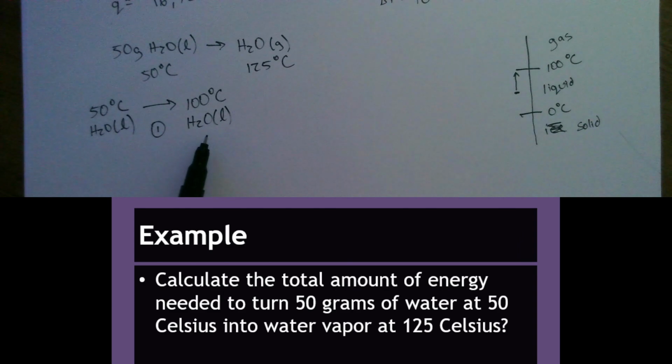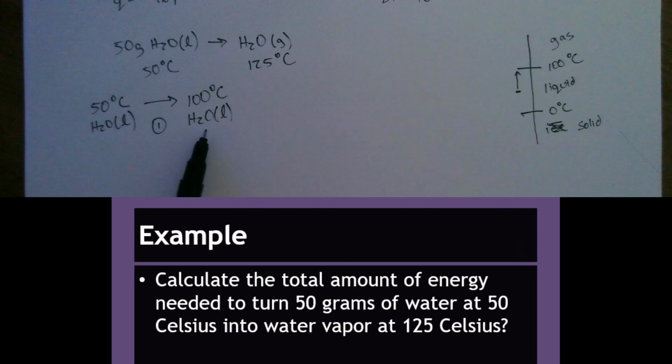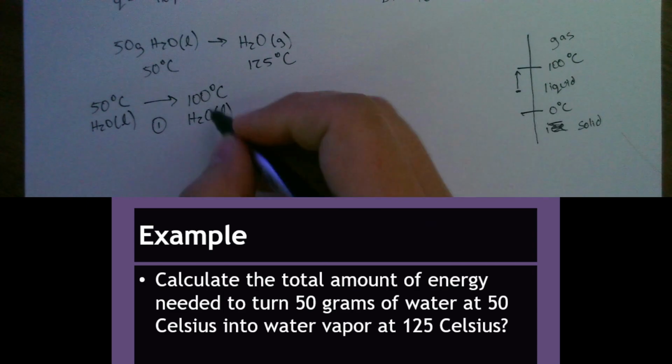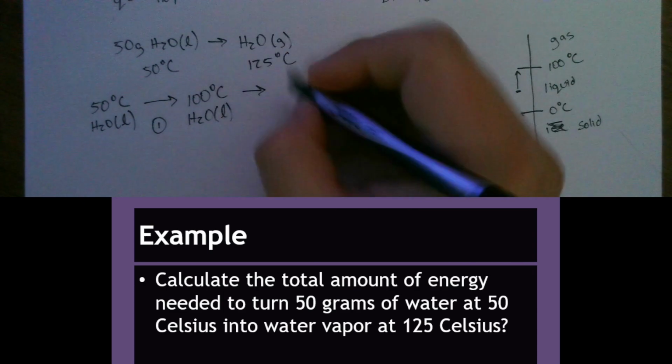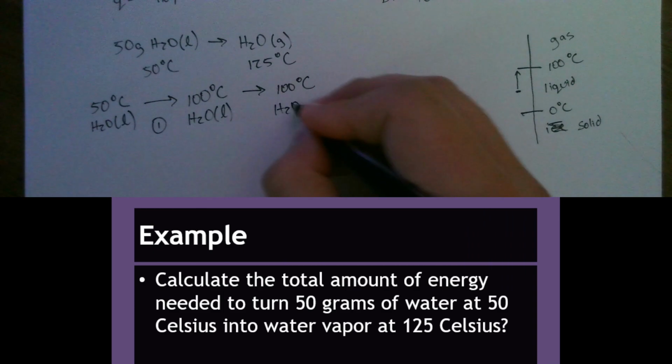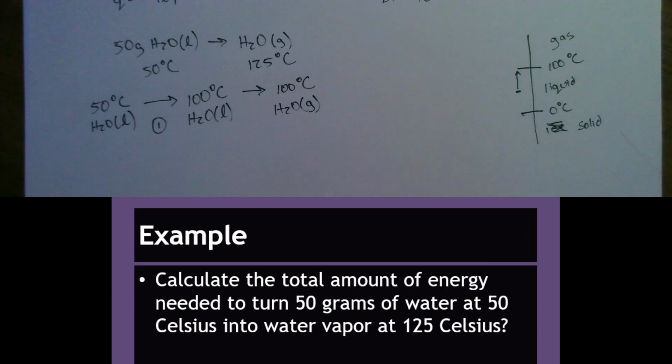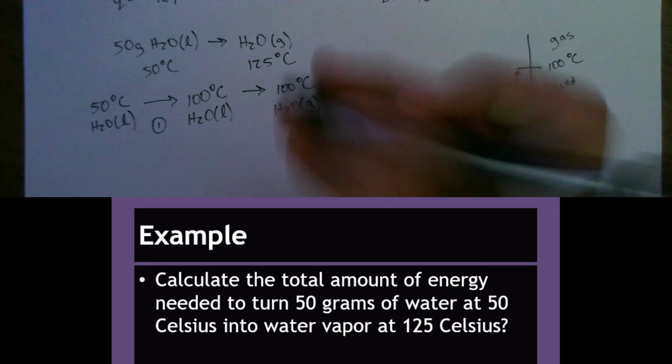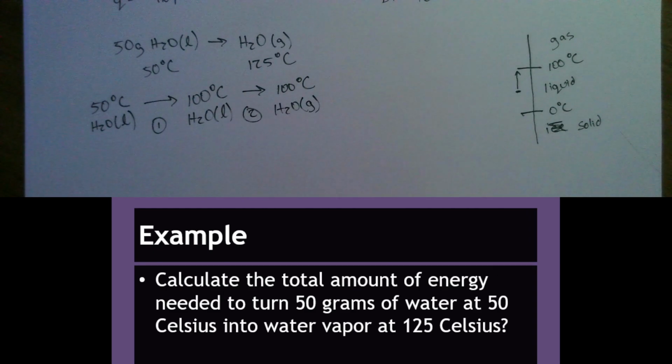Once my water gets to 100 degrees Celsius, okay, then it's going to boil. While staying at 100 degrees Celsius, this is going to turn from H2O liquid into H2O gas. It is going to boil. I can calculate exactly how much heat I need for it to boil. That's going to be step 2.